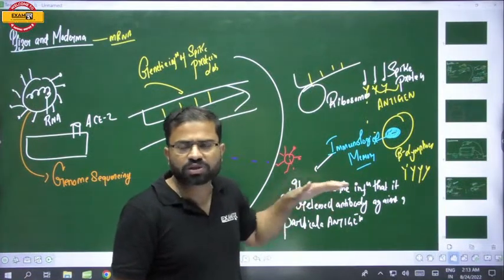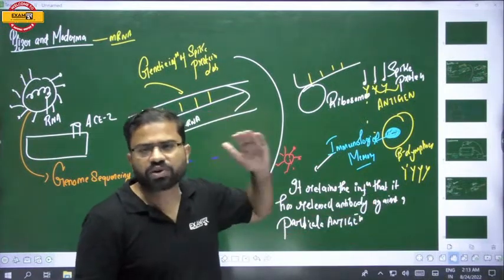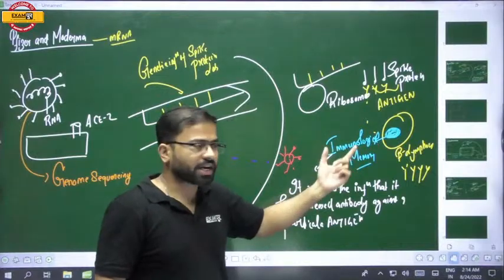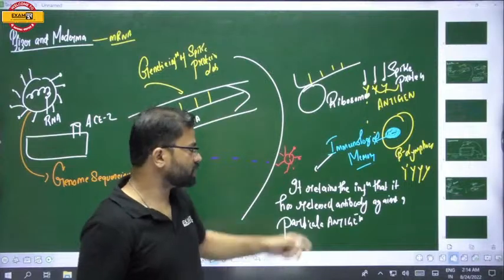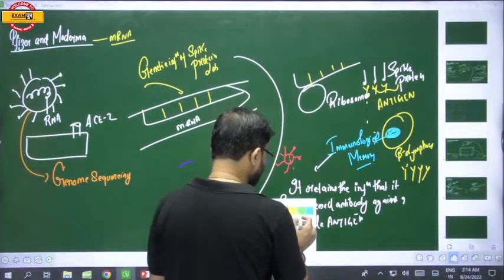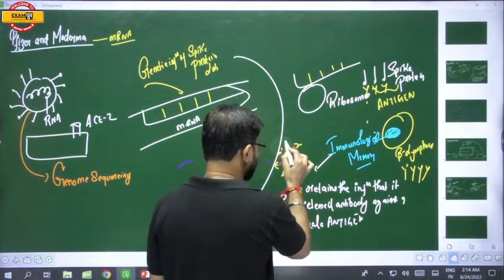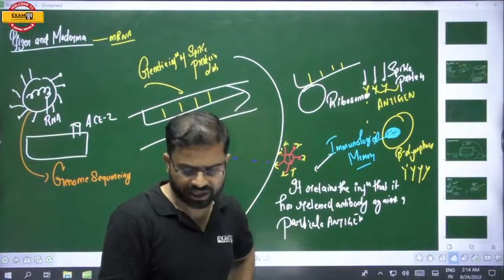So it tries to put pressure on the immunological memory: think and tell whether we released antibody against this. And then the immunological memory tells that yes, we have released antibody against this particular spike protein. It is the spike protein only, because only spike protein. So immediately the antibody gets released and your virus gets neutralized. Okay? So this is how long-lasting immunity is being created.